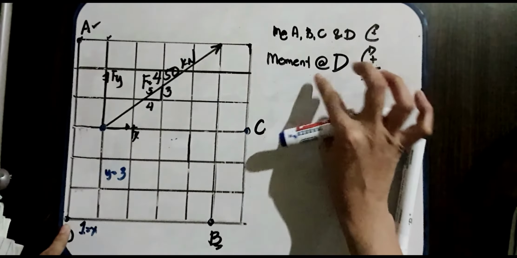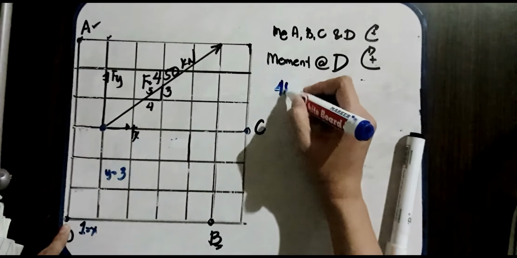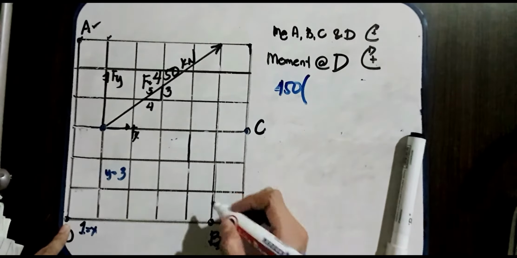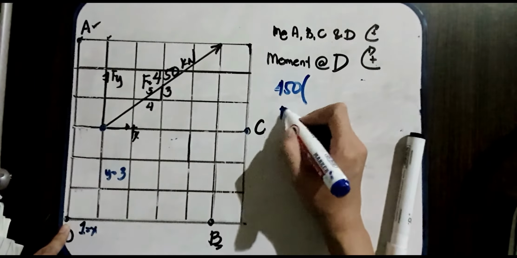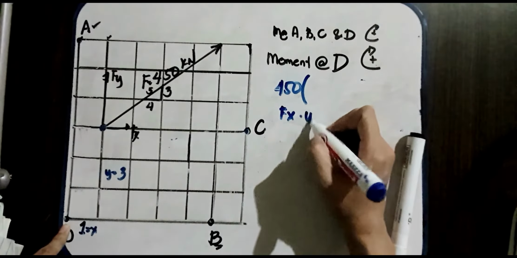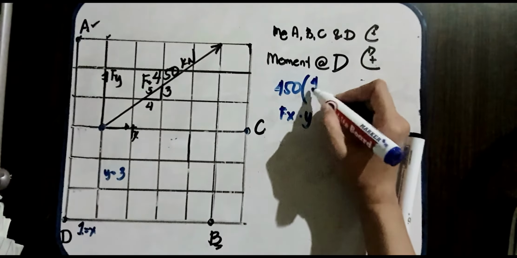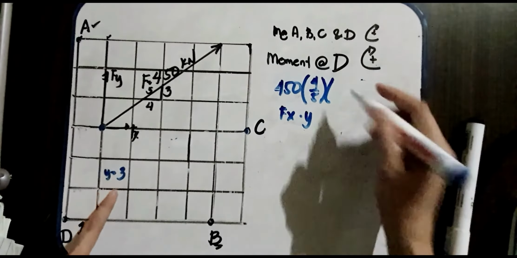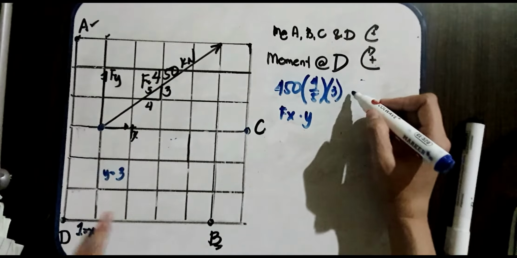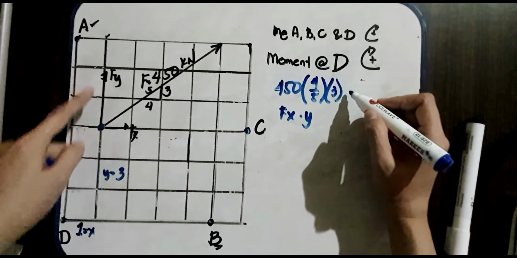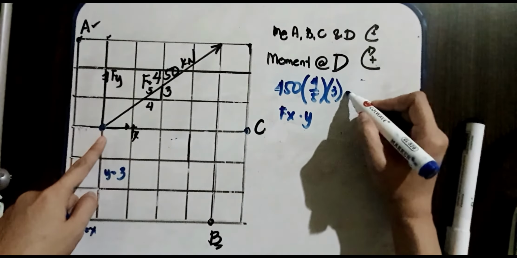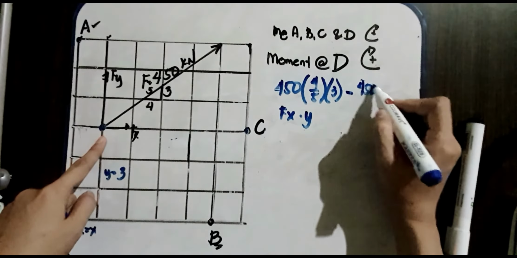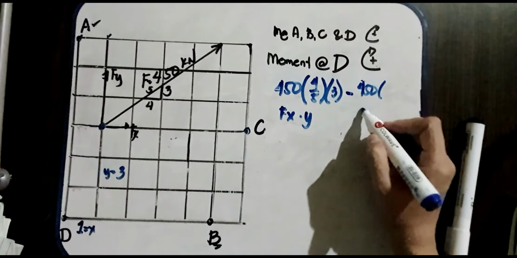So, check natin. So, we have 450 multiplied by, that is your fx, multiplied by your y. So, ano yung fx natin? We have 4 all over 5 multiplied by your y. What is your y? 3. Okay? Next, sabi ko kanina, ito ay counterclockwise. So, we have negative 450. What is your fy?